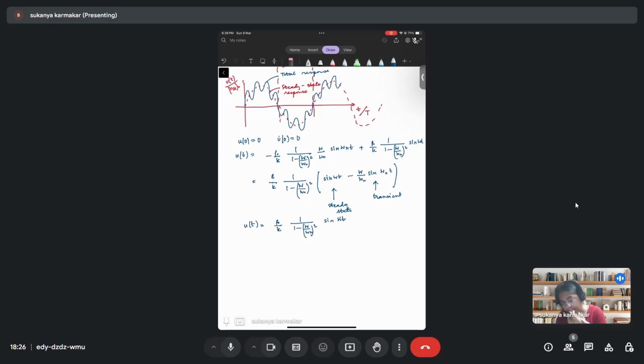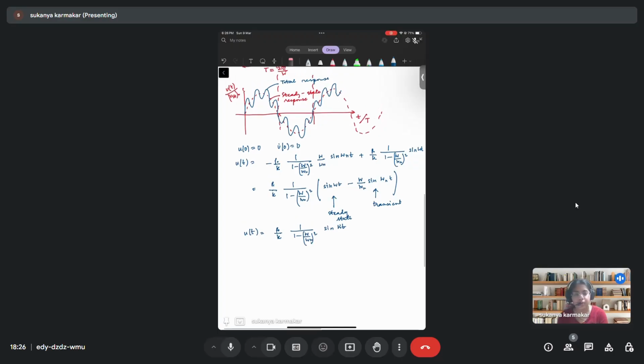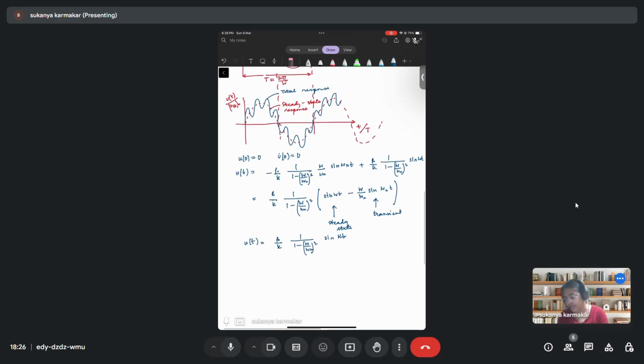And we can say that a force of p naught into sine of omega t is the force acting on the system. Now suppose we are ignoring the dynamic effects in the system, that is, no inertial force is acting. If no inertial force is acting, then we can use the concept of k times x is equal to f, so deformation is f by k.